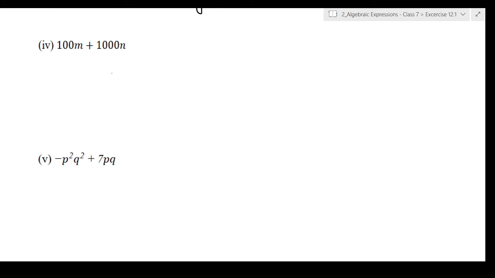we have 100m plus 1000n. So this algebraic expression is made up of two terms. Now there is no constant in this algebraic expression, right? Here you have an alphabet, here also you have an alphabet, right? So the terms of this expression which are not constants are 100m and 1000n.